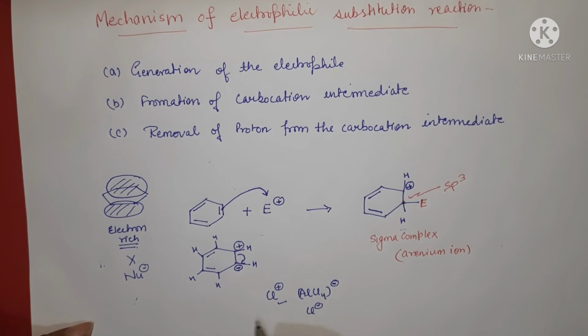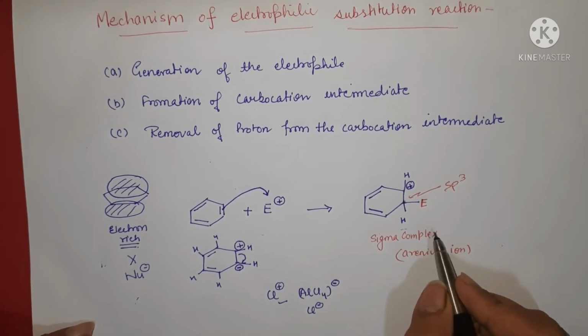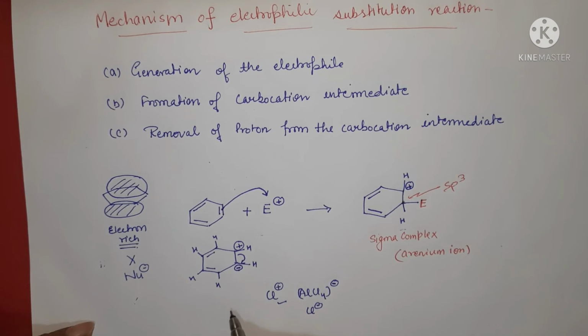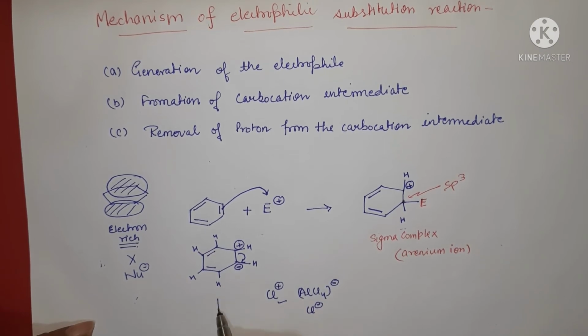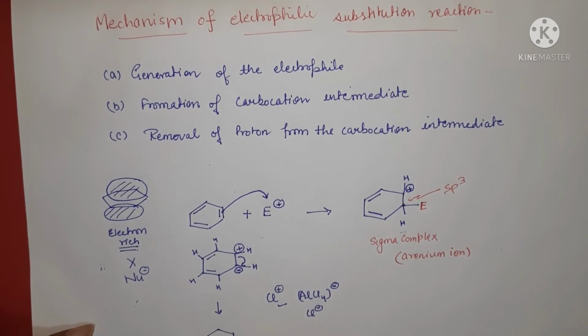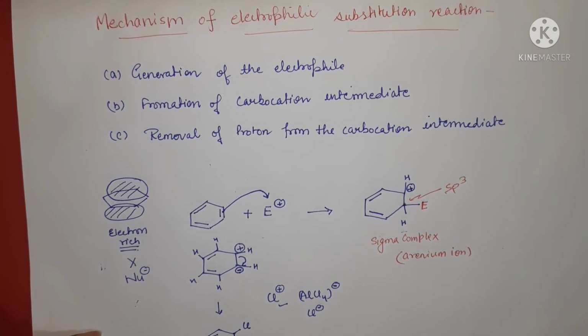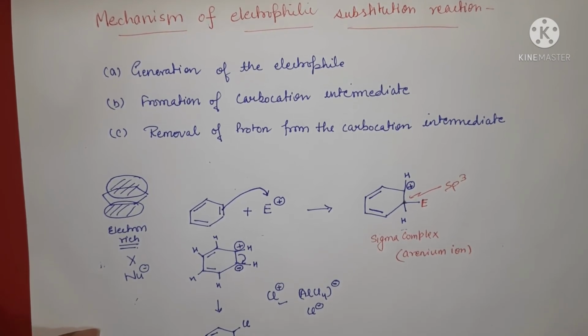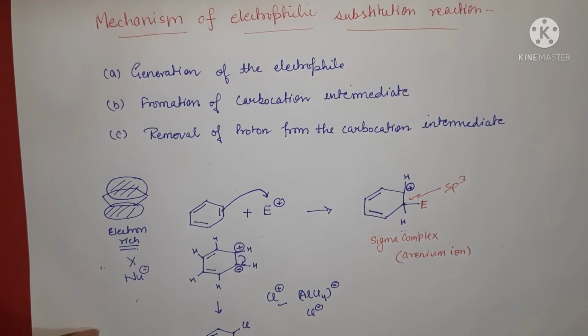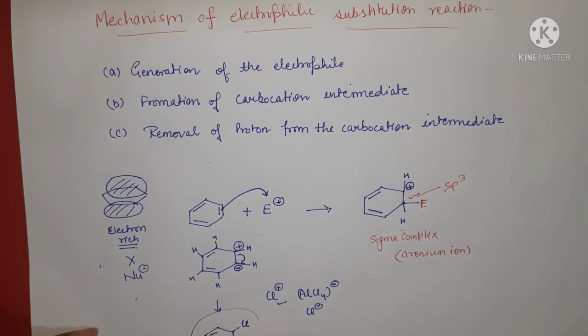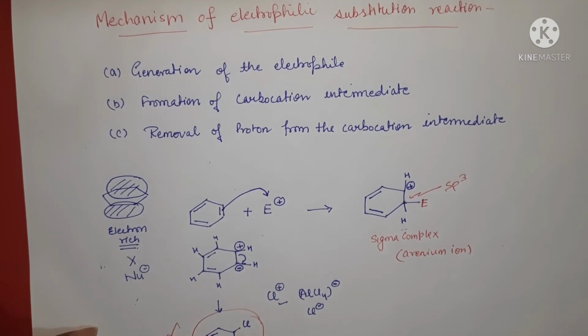So why does this particular complex form, and why is there no formation of this Cl and Cl product? This product does not form because it leads to the loss of aromaticity.